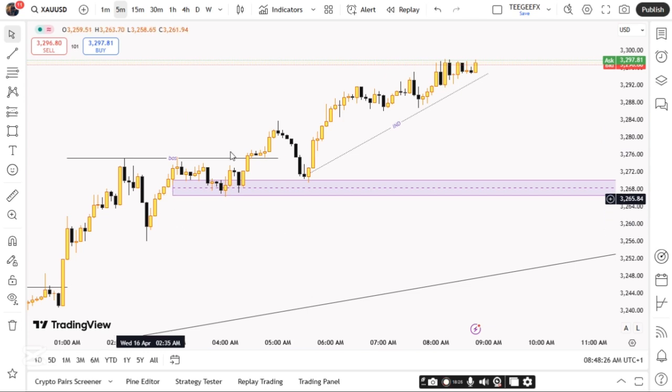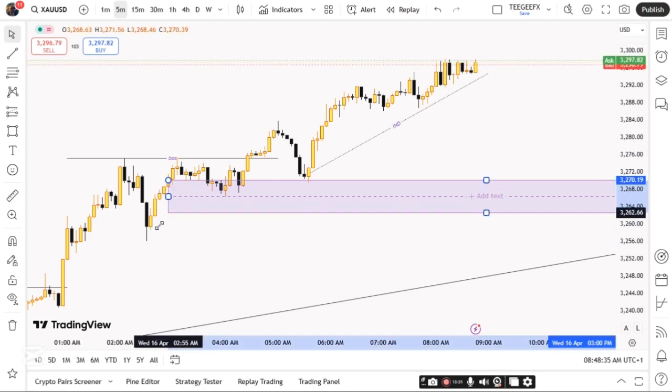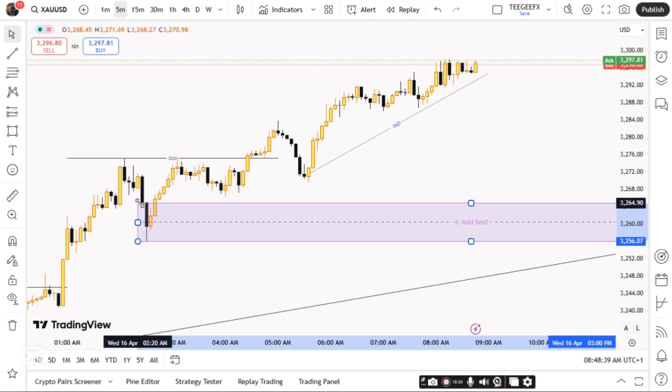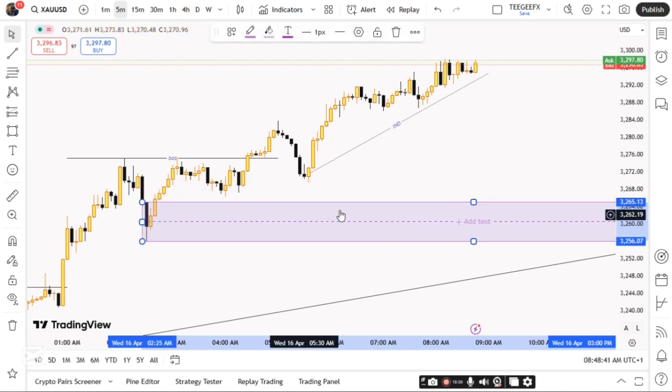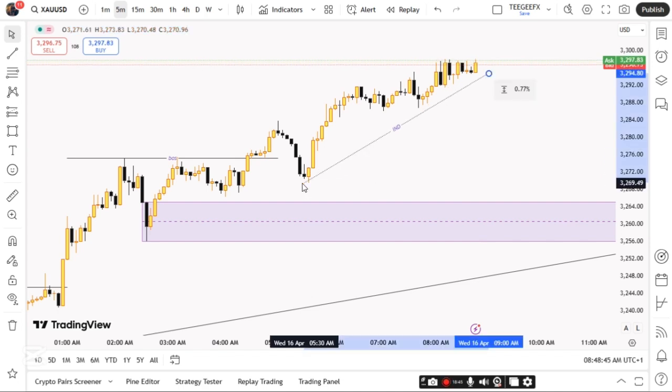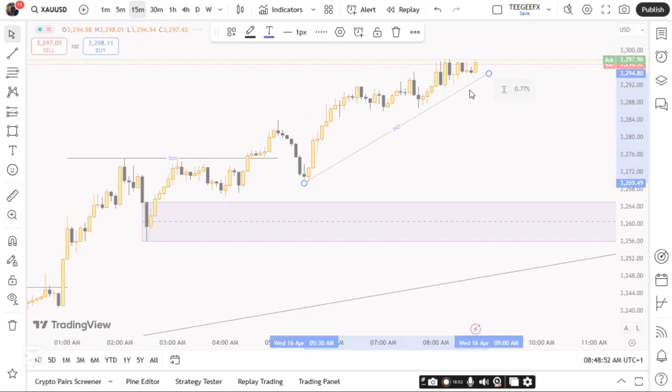On 5 minutes, you can see there's a swing point here, which is still within the 1 hour swing level. This is the last bearish candle before the move. Now we have a clear liquidity level here, which is inducement. Now let's go back to 15 minutes.